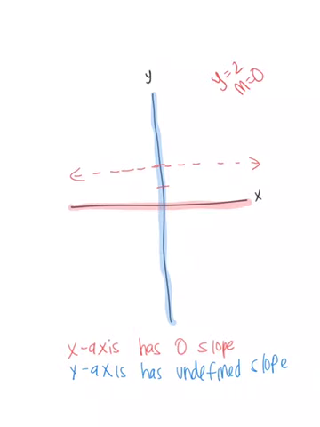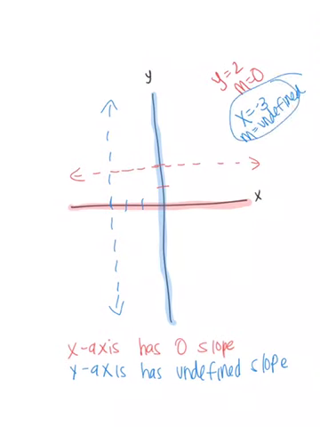Okay, well, what about this equation? What if we said x equals negative 3? On the x-axis, 1, 2, negative 3. Here's that line. That slope, m, would be undefined because it is straight up and down. So remember, undefined is straight up and down.